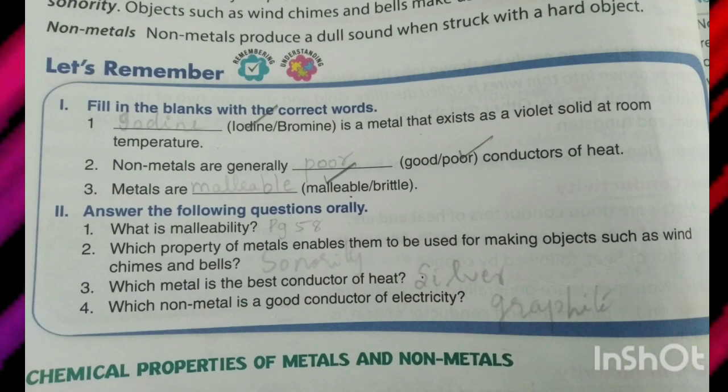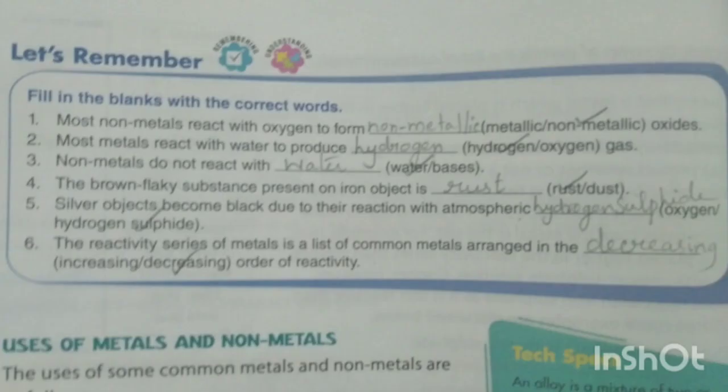Then turn to page number 66. Filling the blanks with the correct words. The first one: most non-metals react with oxygen to form dash oxides. I have already explained this: most non-metals react with oxygen to form non-metallic oxides.